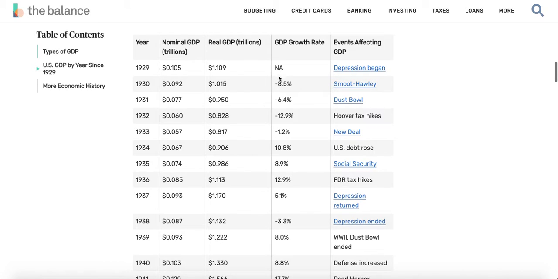The Great Depression began, so this is basically what we're seeing nowadays in the US, a repeat of what happened back then, before the New Deal, that is. We're seeing the same things, except for the huge contractions in GDP growth.